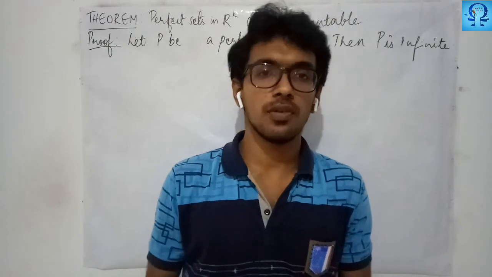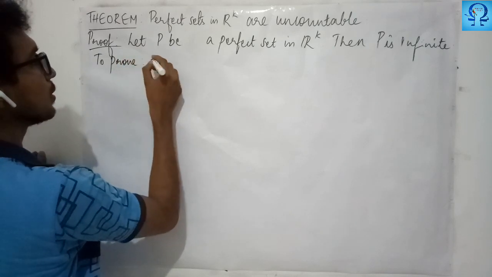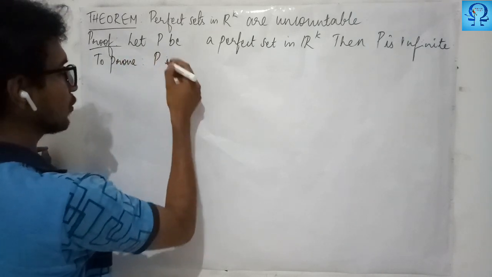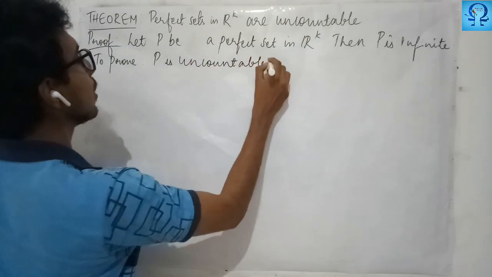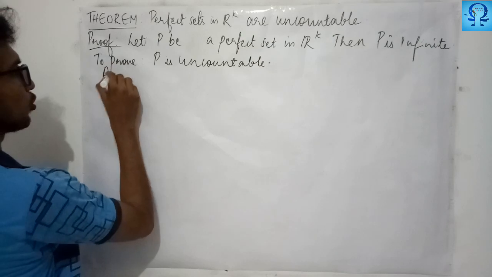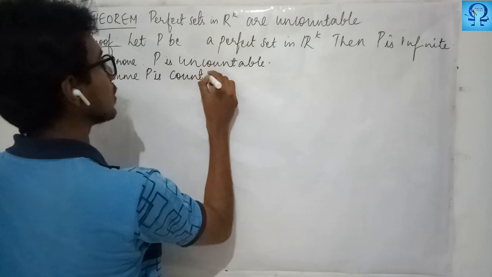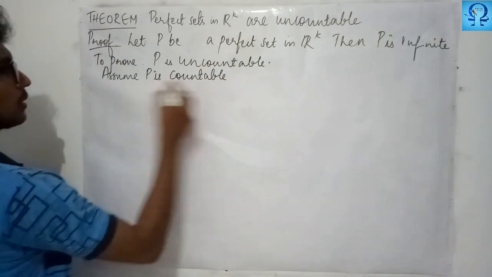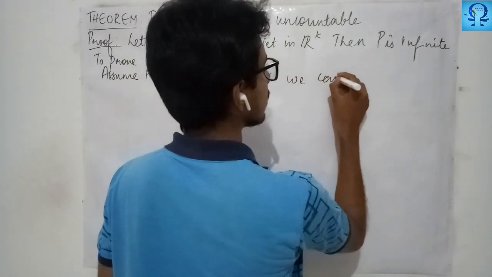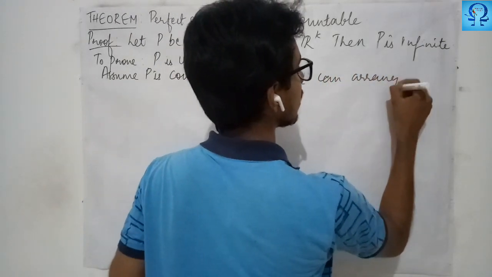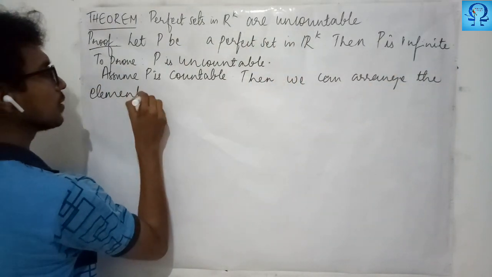Now what should we prove? We have to prove the set is uncountable, for which we have to say P is not countable. On the contrary, let us assume P is countable. When you assume P is countable, then we can arrange the elements of P in a sequence.